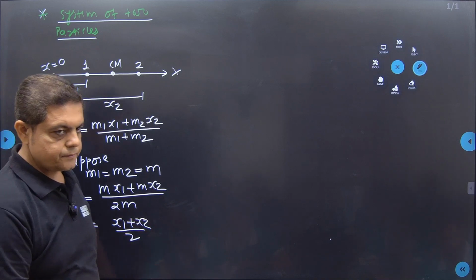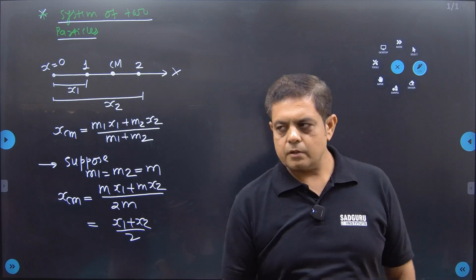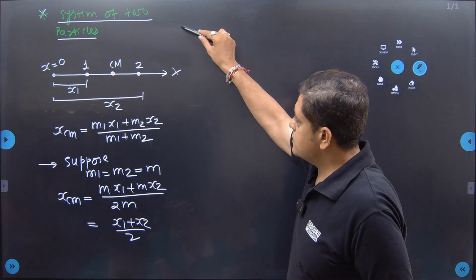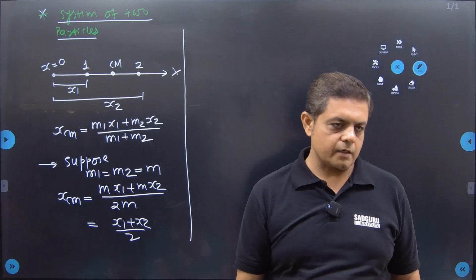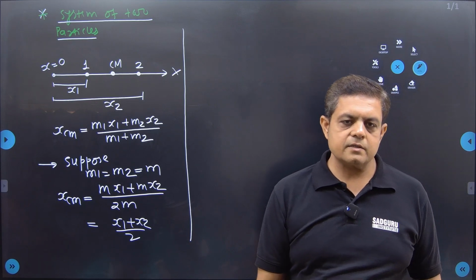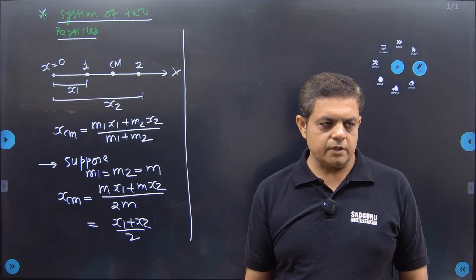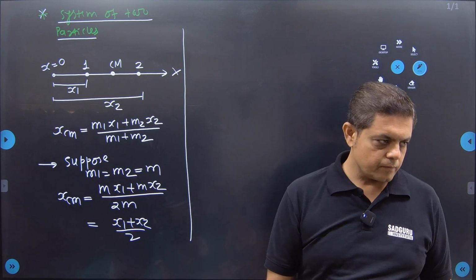What does it mean? For a system of two particles having the same mass, the center of mass is the midpoint. Center of mass is a midpoint.